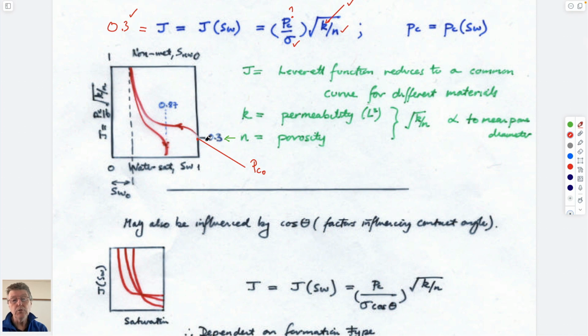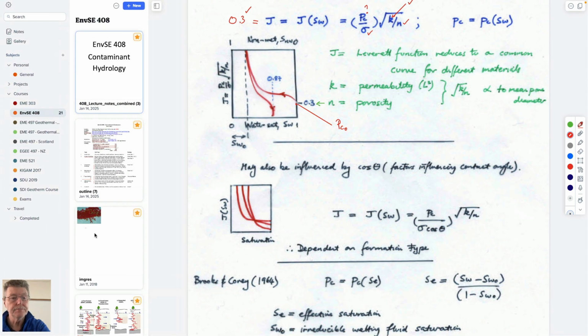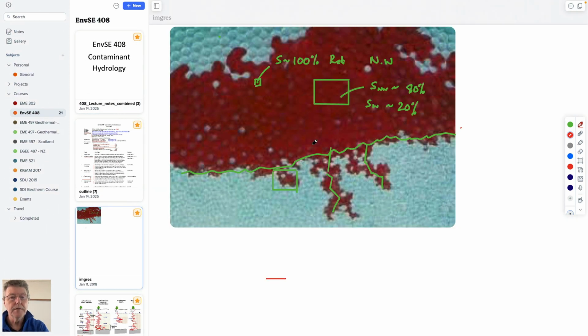we get this, we know what the invasion pressure we have to apply to invade it, and we can surmise that this pressure might in some way be related to this height, right? If you have a column of this red fluid sitting within here, you know all about buoyancy.